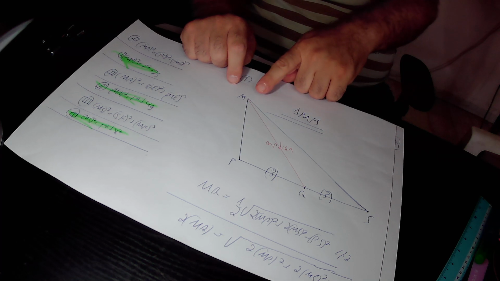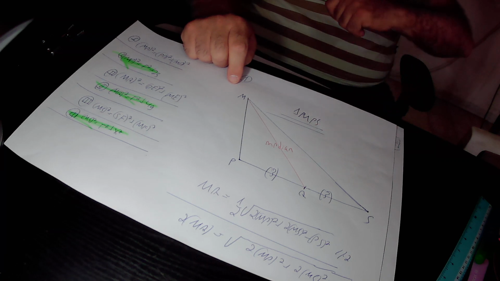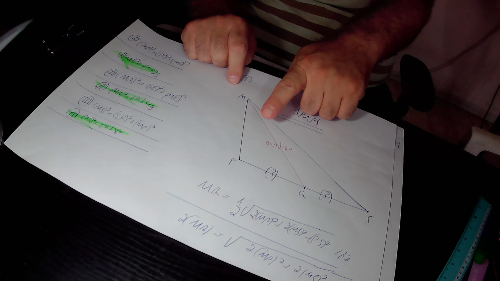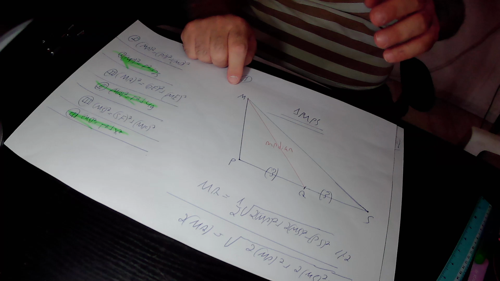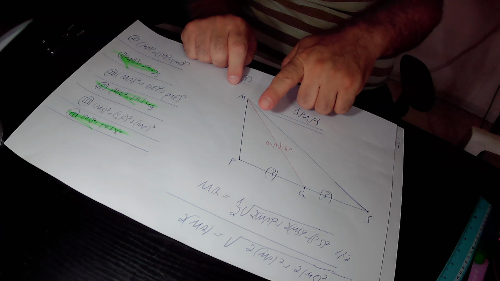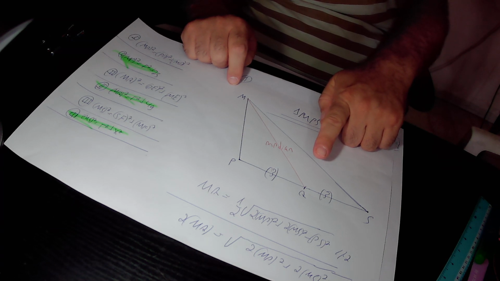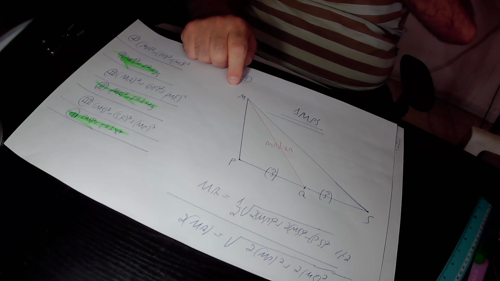The opposite side of this vertex M is PS, and the midpoint is Q. The median MQ bisects side PS, that is to say, divides it into 2 halves. The first half is PQ, and it is, of course, equal to the second half, that is QS. Each half is equal to 3 units in its length.